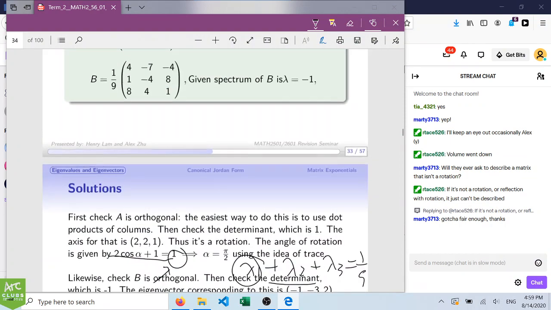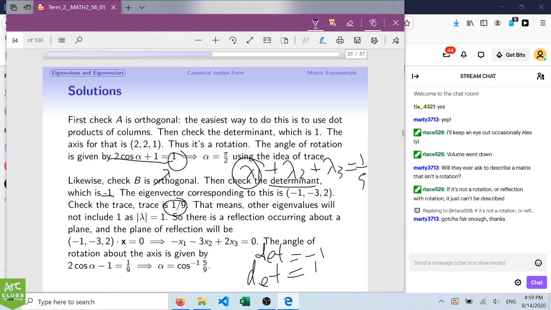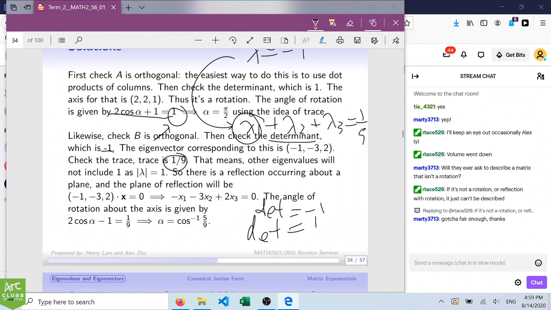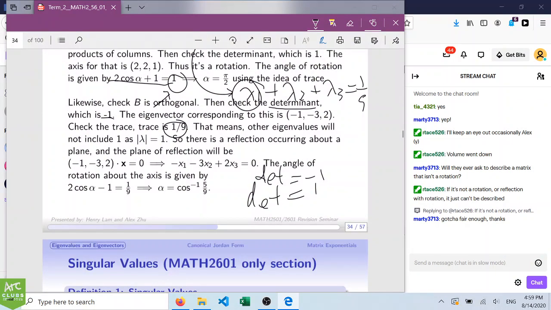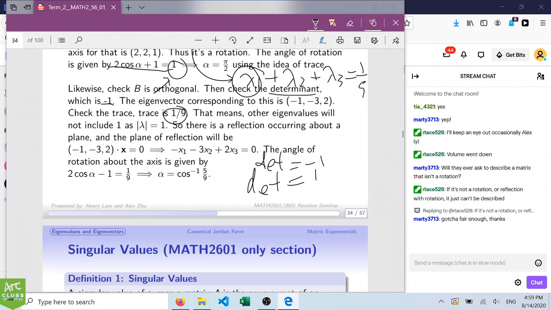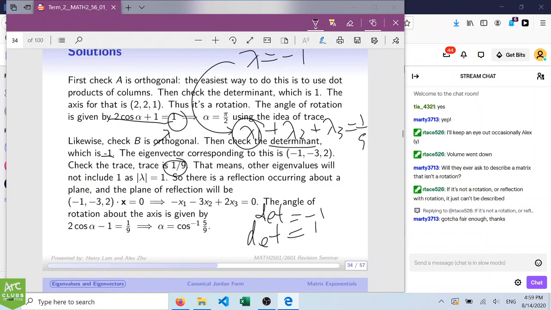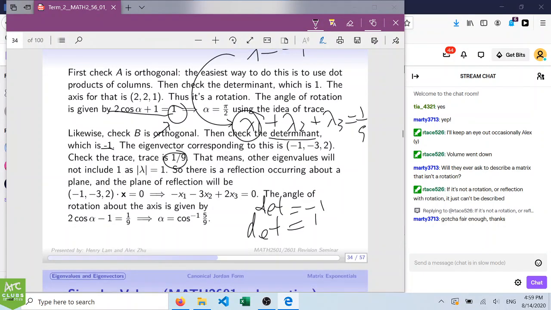This is going to be the eigenvalue of interest, the one that tells us this is a reflection composed with rotation. And how do we tell what plane it is reflected by? We take the corresponding eigenvector.